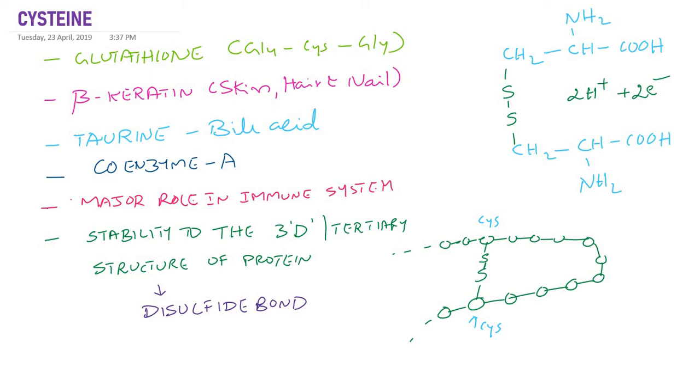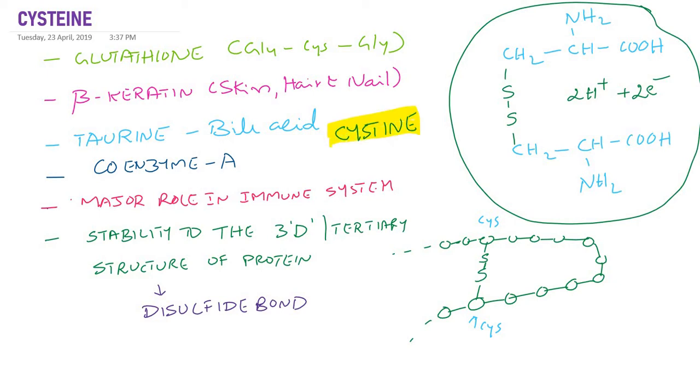Cysteine provides stability mainly by its ability to form a disulfide bond. When two cysteine residues combine to form a disulfide bridge or bond, we call that molecule cystine. Those proteins which have many disulfide bonds are resistant to denaturation to some extent because of the strong covalent bond.